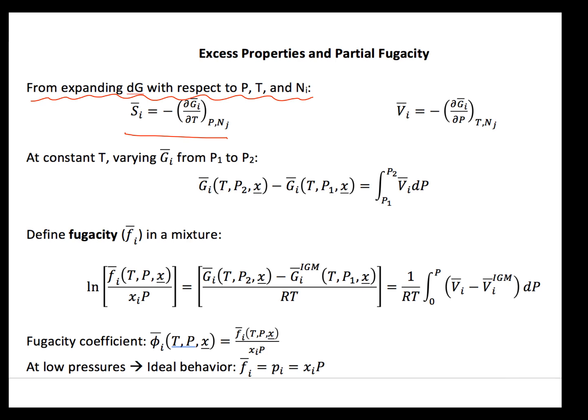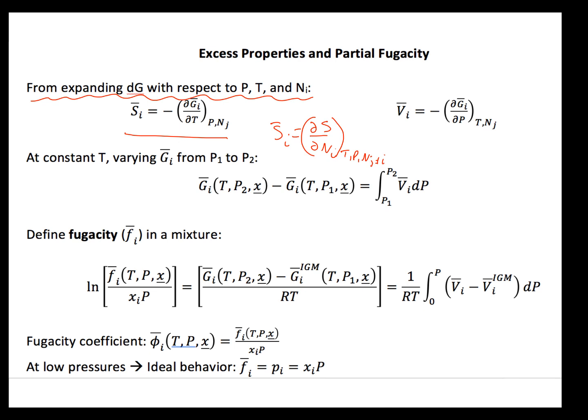These have overbars on top, whereas when we worked with it, it didn't have an overbar. But we can swap the order of the derivative. So what we can say is that S overbar of i is equal to dS/dn_i at constant T, P, n_j not equal to i, that long thing.